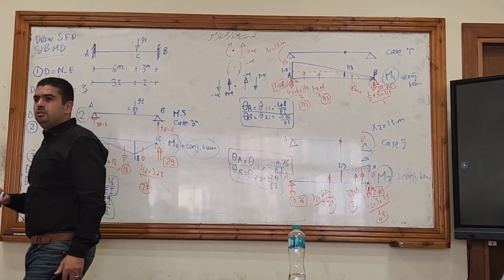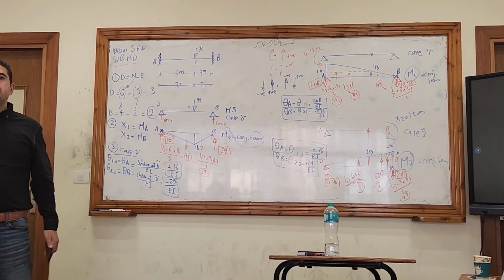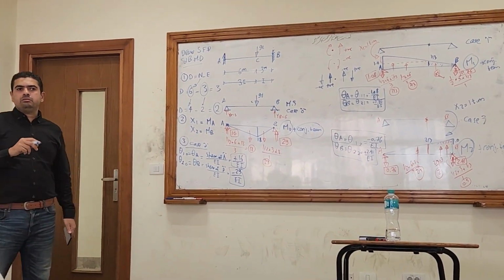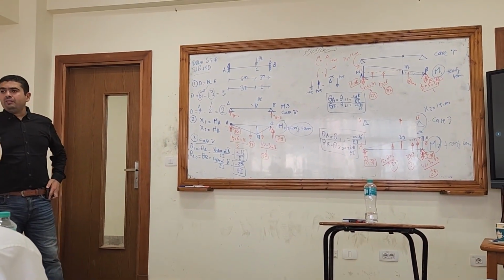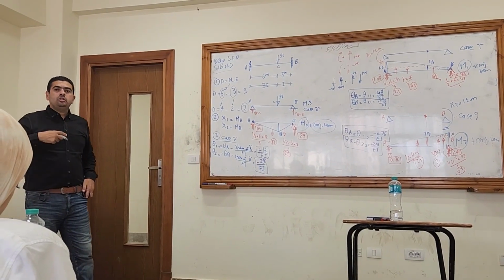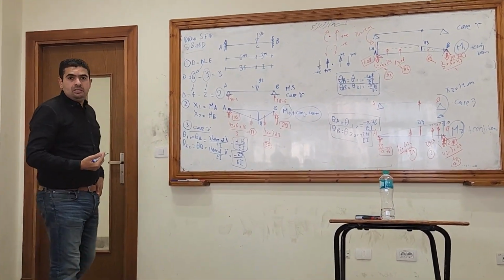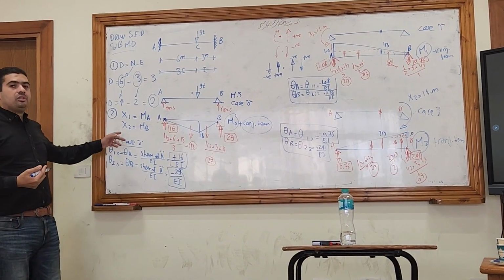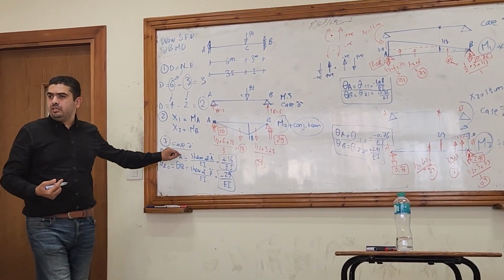As you can see, the twice statically indeterminate examples are longer than the ones before, because there's not only an extra case, there's also an extra calculation in each case.